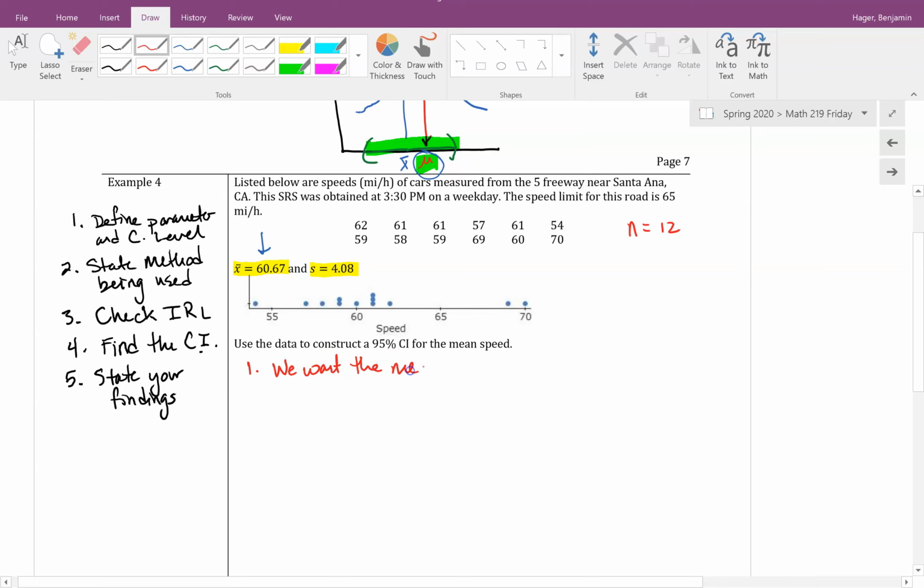The mean speed, we'll call it mu, of all cars on the 5 at 3:30-ish on a weekday. And we want that at a 95% level of confidence.